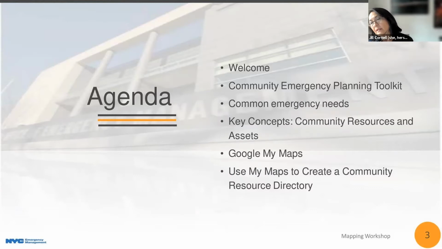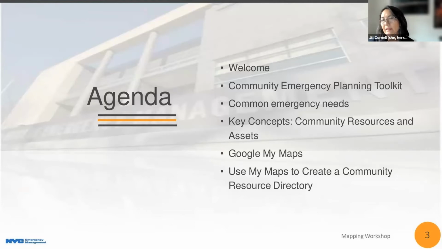So the key concepts in this training are community resources and assets, and we try to break it down a little bit and give you a little more information to help identify them in your neighborhood. Google My Maps, there's some of you who might be intimately familiar with it, and there might be other people who are not.